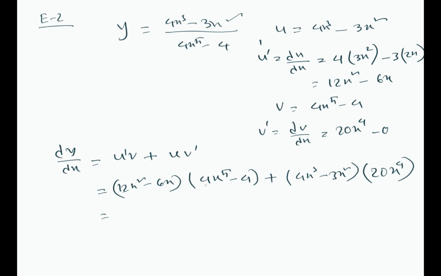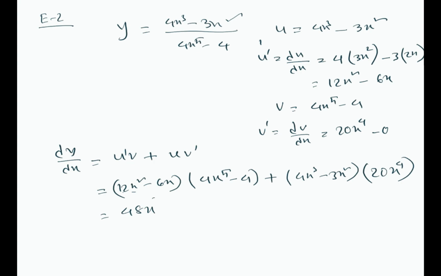This 12 into 4. 12 times 4 is 48. So 48, and here we are multiplying these two terms, x squared and x to the power 5. In case of multiplication, we need to add the power, right?